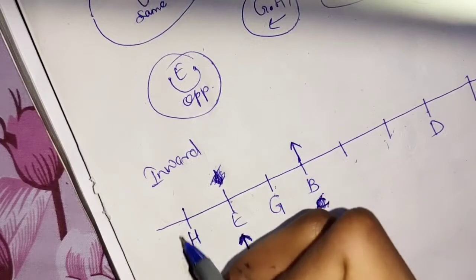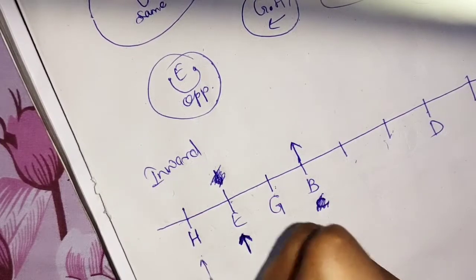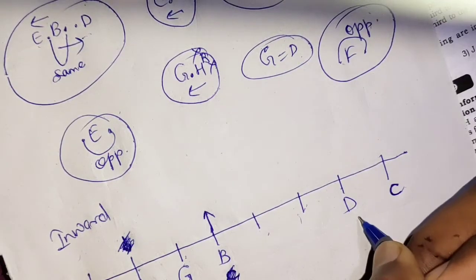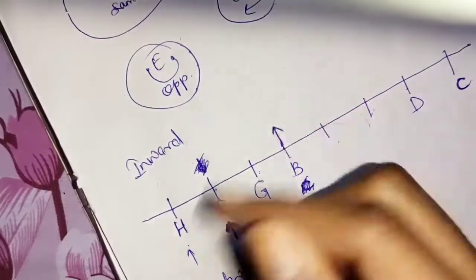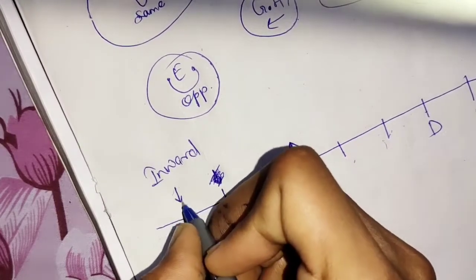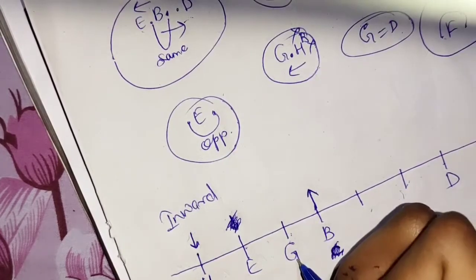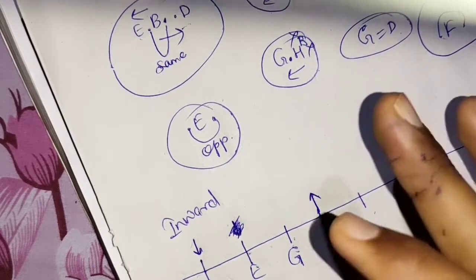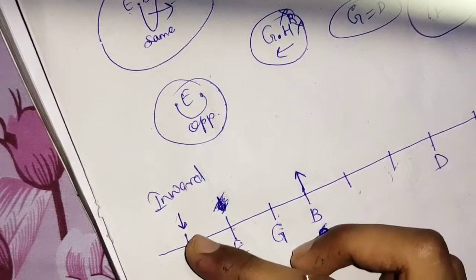If we take the direction of H like this, then G would have been placed here. But since G is here, the direction of H will be like this. Only then will G be placed first left of H and second left of H. So the direction of H is clear.